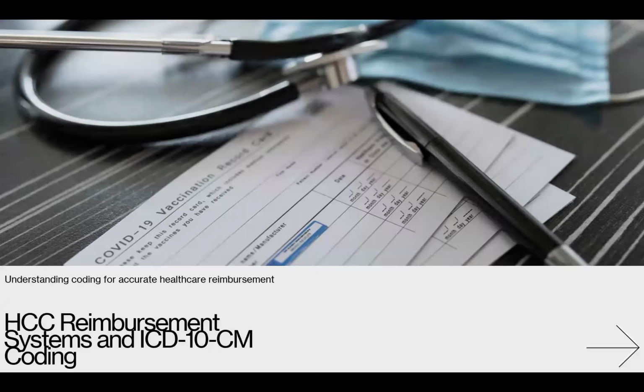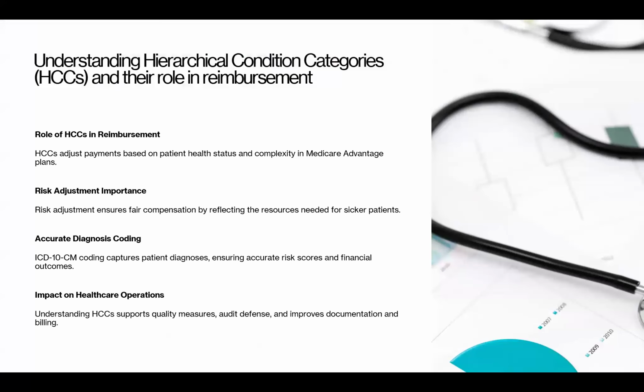I'd rather say HCCs. We'll talk about their role in reimbursement and how they adjust payments based on the patient's health status and complexity. We'll talk about what a risk adjustment factor is, commonly referred to as the risk score. The intent is that the sicker a patient is, the higher the risk score, and the higher the health plan gets reimbursed by CMS.